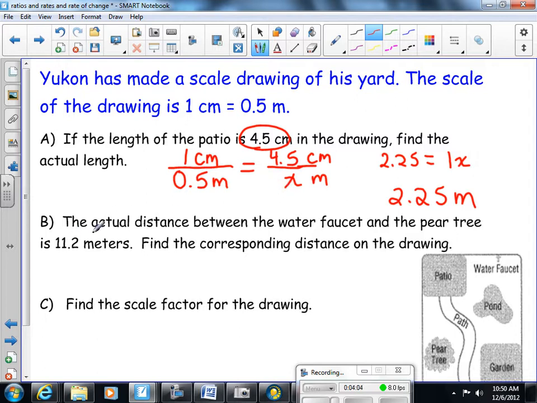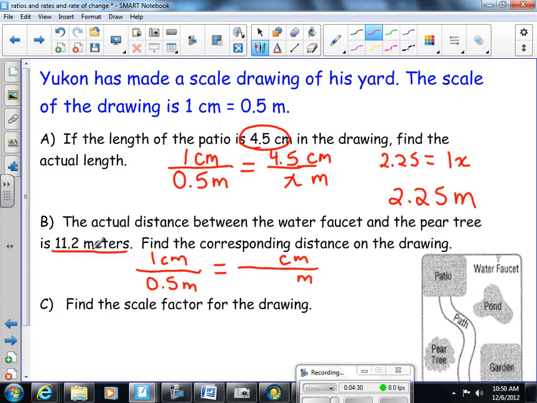Okay, let's look at the second one. Here it says the actual distance between the water faucet and the pear tree is 11 2/10 meters. Find the corresponding distance on the drawing. So this time they're telling you what it is in real life, and you're going to find out what it is in the drawing. Again, we start with the same key, 1 centimeter compared to half of a meter, equal to blank centimeters over meters.